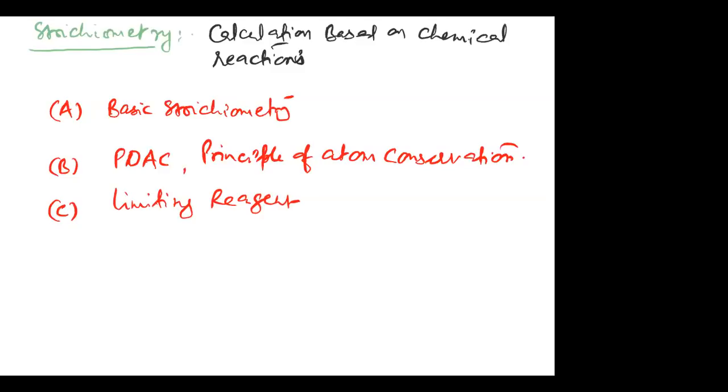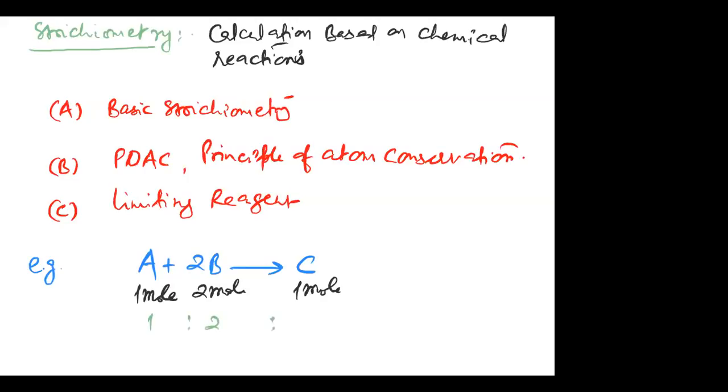One example based on basic stoichiometry is, if a balanced reaction is A combines with 2B, it gives C. It means 1 mole particle of A can combine with 2 mole particle of B, and it can produce 1 mole particle of C. It may be an atom, a molecule, or an ion, but the stoichiometric ratio, which is the coefficient of multiplication, here is 1:2:1.